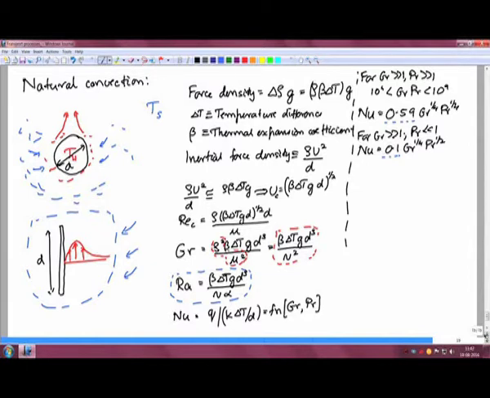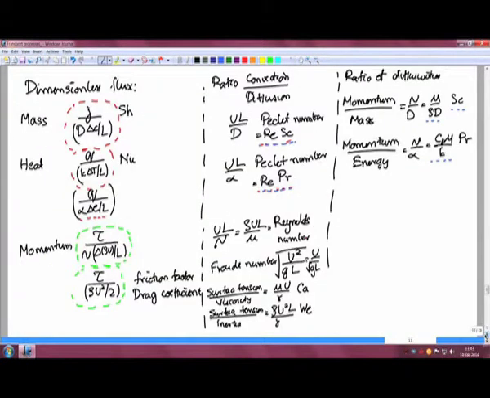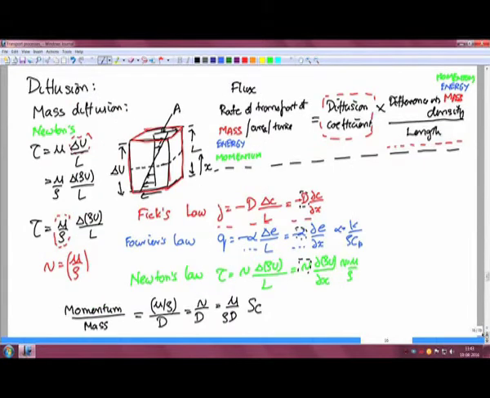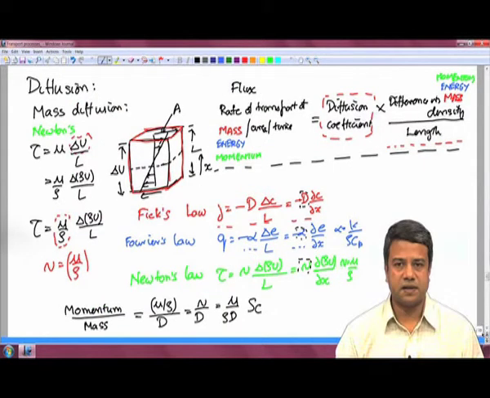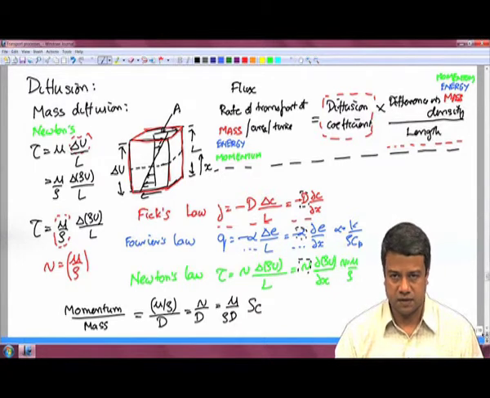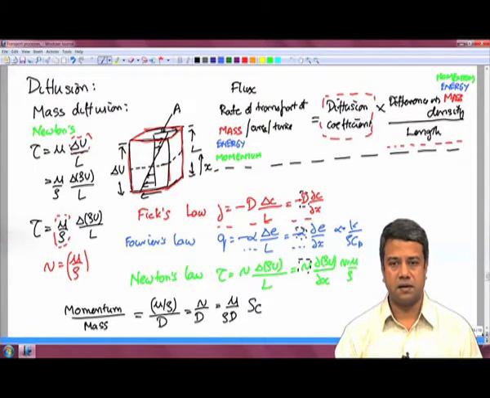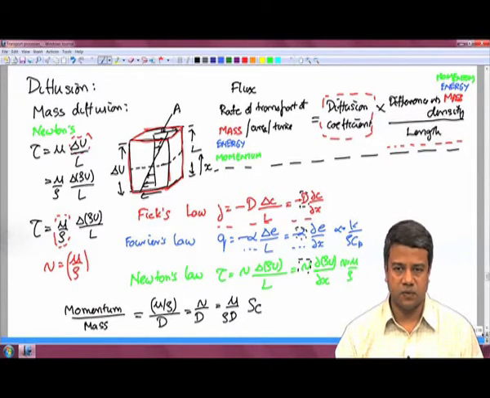Similarly, I had also described for you the process of diffusion. Diffusion takes place whenever there is a gradient, a variation in the concentration, the energy or the momentum.